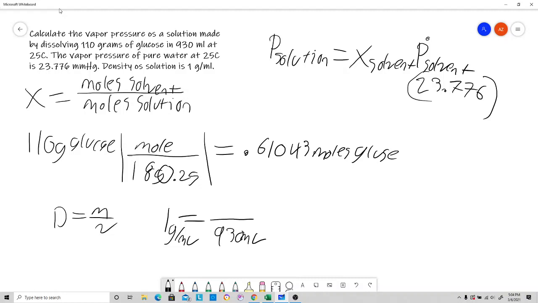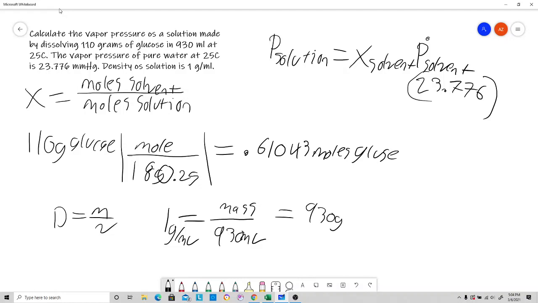Okay, and then we want to see what's going to be the mass of that. If we multiply this out, this is going to be about 930 grams.